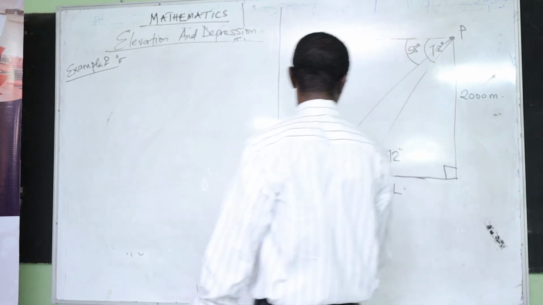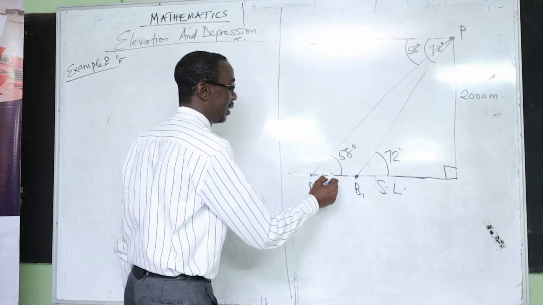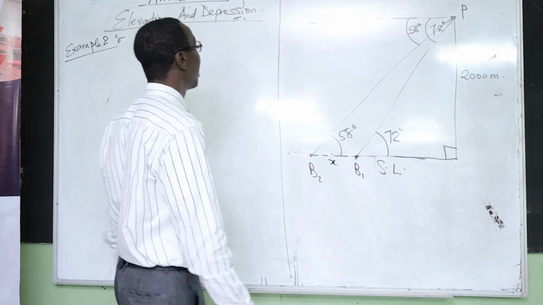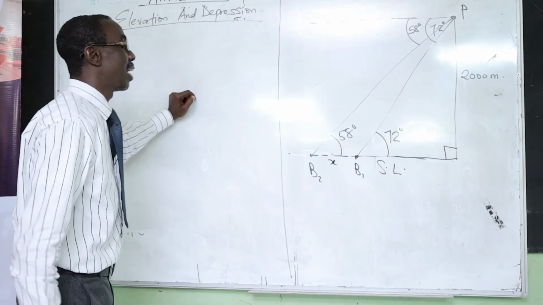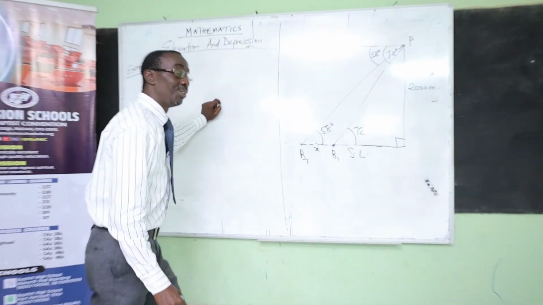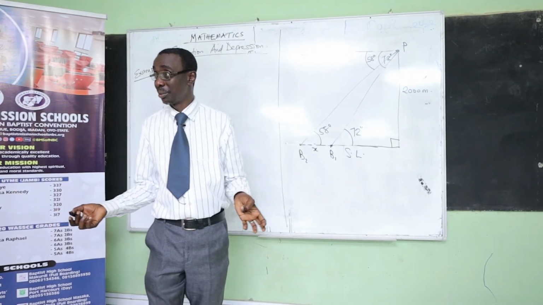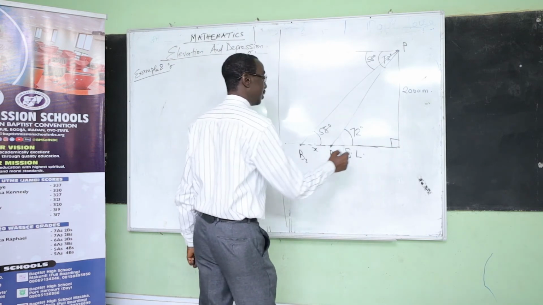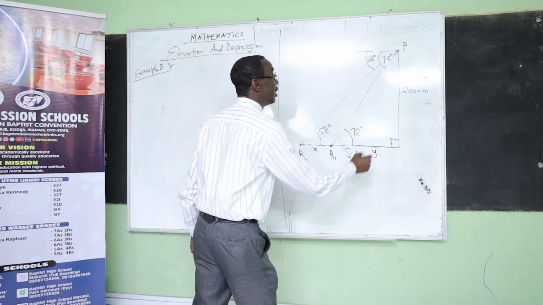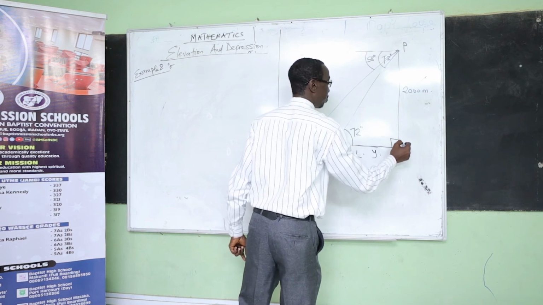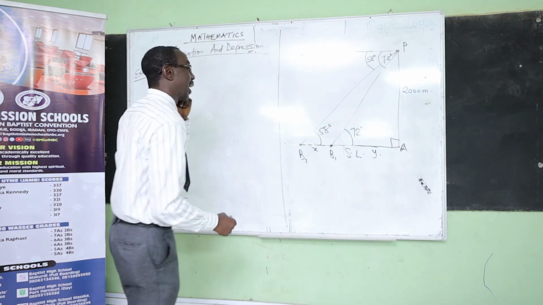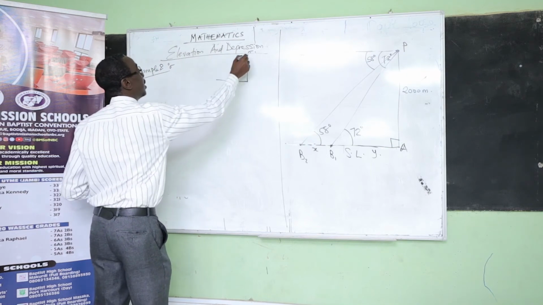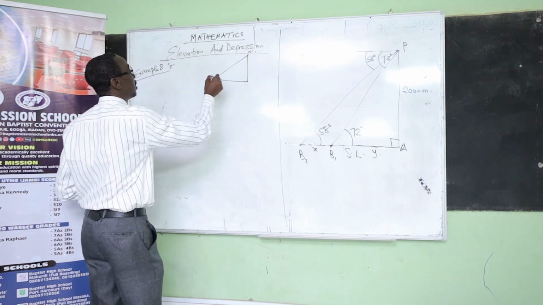They are asking us to find, correct to the nearest meter, the distance between these two boats, boat 1 and boat 2. Quickly, how many right angle triangles can you see? 2. You can see that I enjoy using the right angle triangle. So, the height is given. This place is Y, this place is A. This is P. Let me quickly bring out this triangle in a smaller way for us to see.